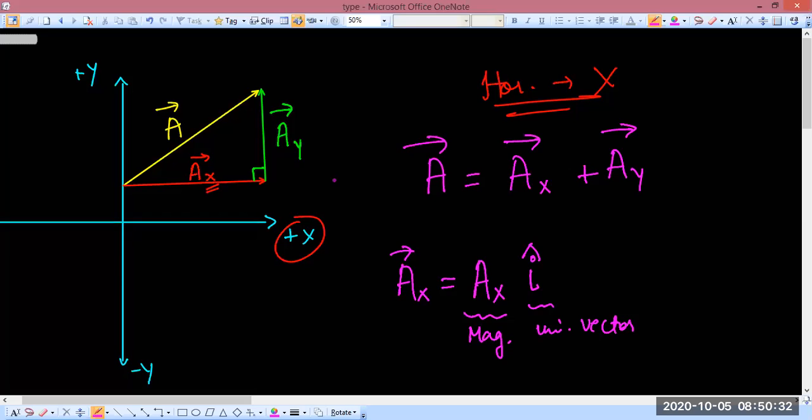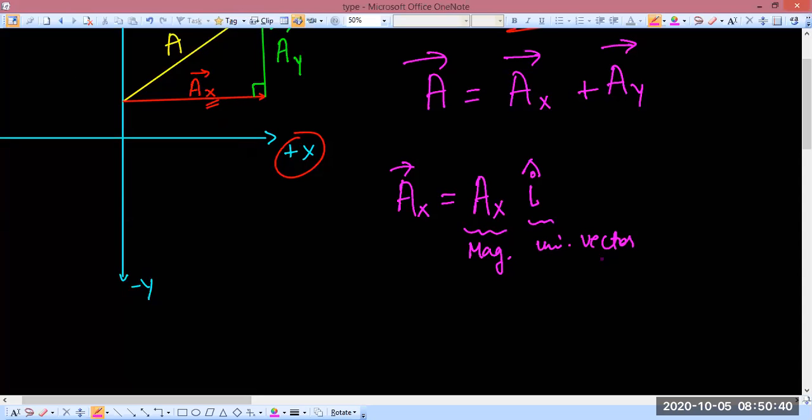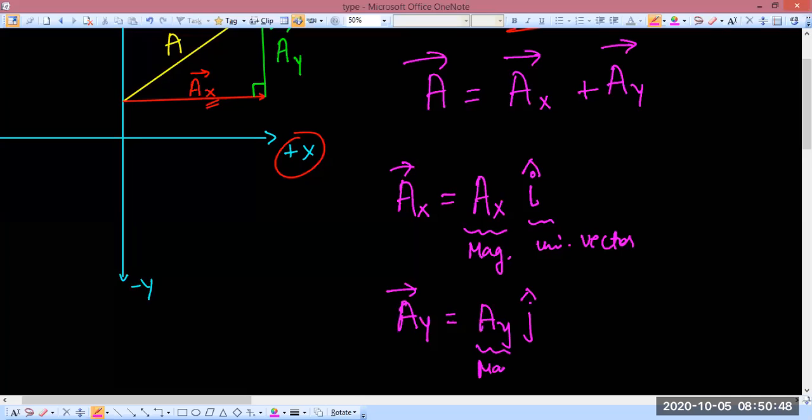Is this clear, all of you? And similarly, I should be writing AY vector equal to AY j caret. Again, this is magnitude and this is unit vector, so that is indicating direction. Clear?